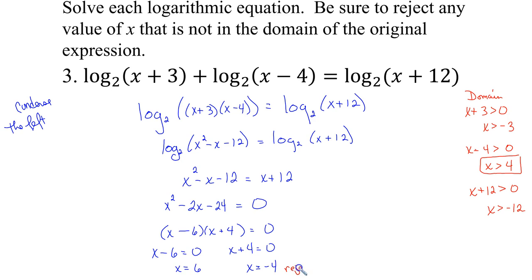So we reject this because it is not greater than 4. However, x is equal to 6 is greater than 4, so we can say that the only solution is x equals 6, and this is our solution. Very good.